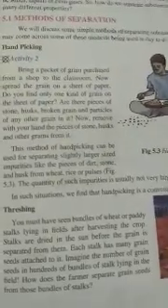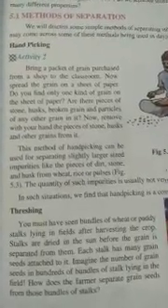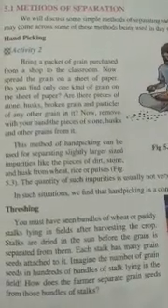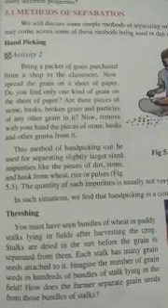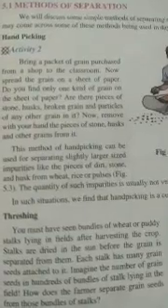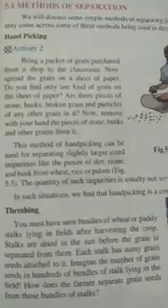So we thresh the paddy stalks or wheat stalks on some hard surface to get the grains from them, to get the paddy, rice, or wheat from these stalks, and separate both the substances separately. Then we use the grain separately, and we use the stalks separately.